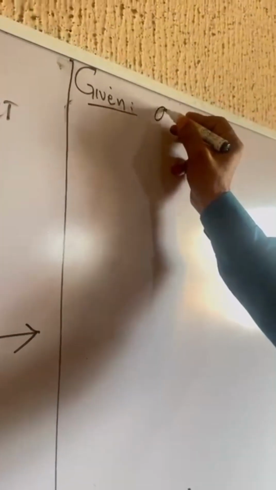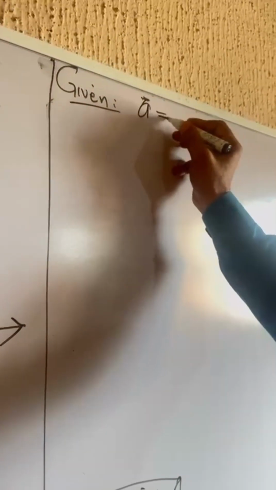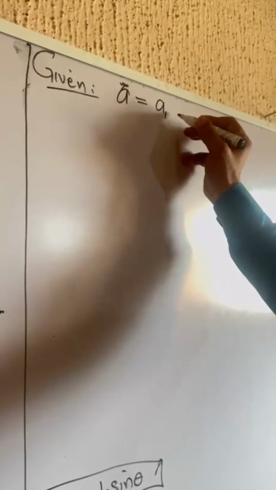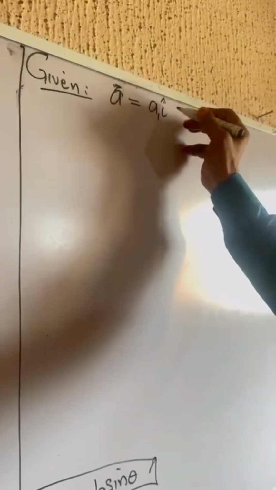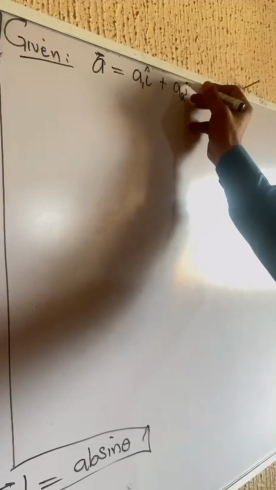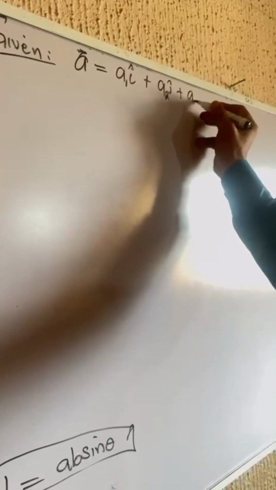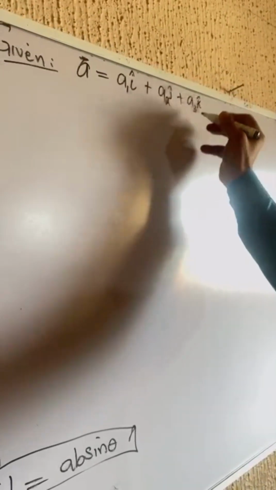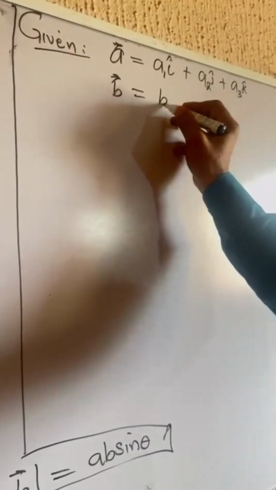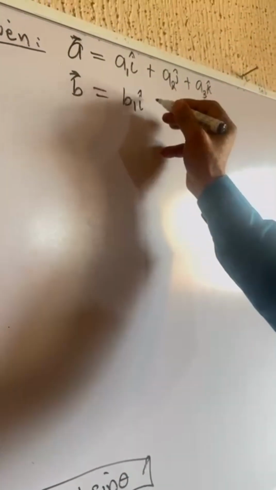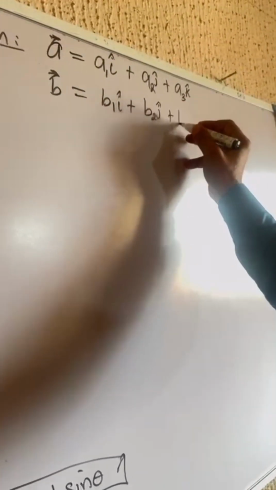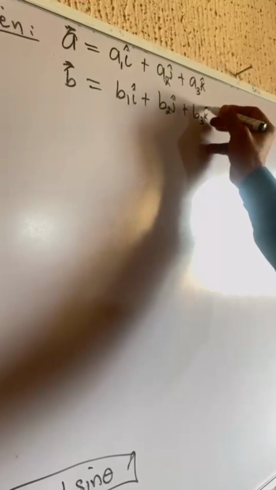So given vector A as A sub 1 i hat plus A sub 2 j hat plus A sub 3 k hat, and then vector B as B sub 1 i hat plus B sub 2 j hat plus B sub 3 k hat.